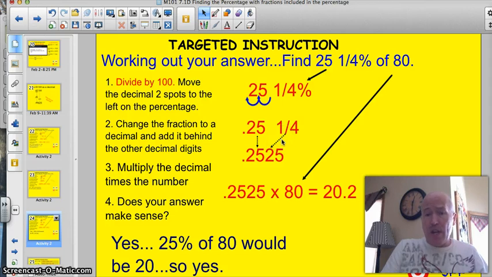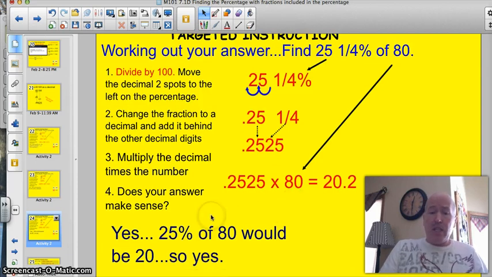Well, that's a known decimal, as it's 0.25 as well. So you notice how I put the 0.25 here, and I added the 1/4%, or the other 0.25, right behind it without that extra decimal. So I have 0.2525 times the original 80, and I've got 20.2.